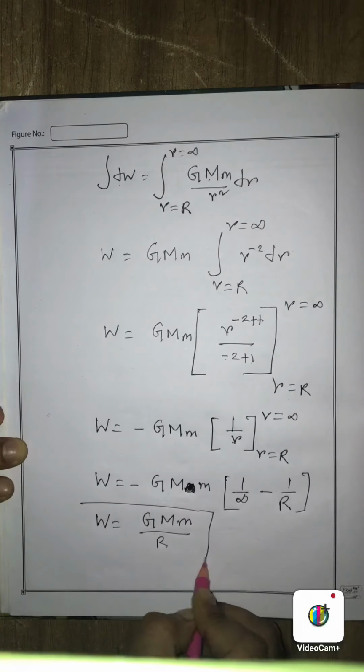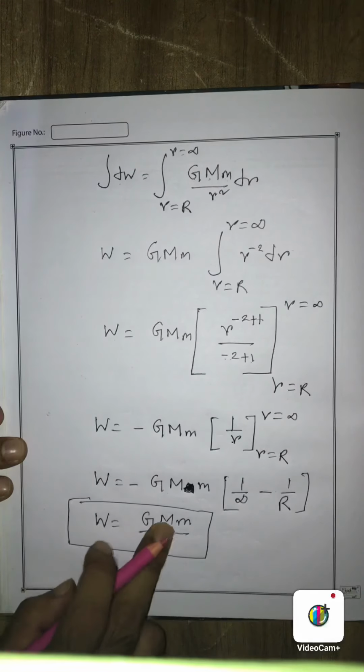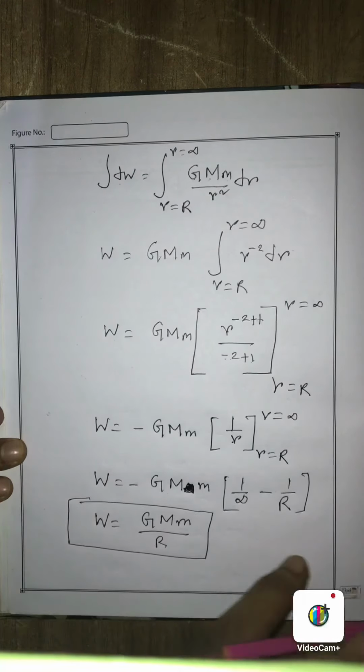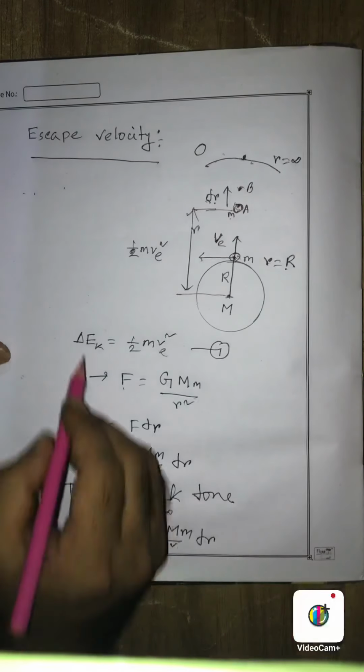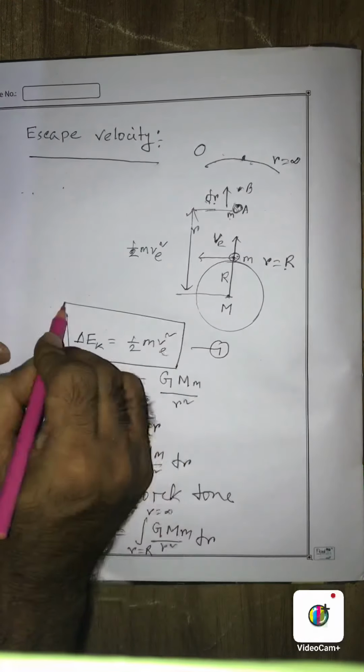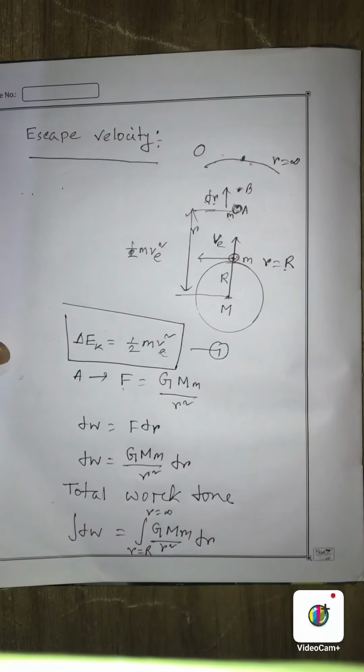From the work energy theorem, the work done is G capital M small m by R, and the change in kinetic energy, delta Ek, is half m v square. From the work energy theorem, change in kinetic energy is equal to work done.